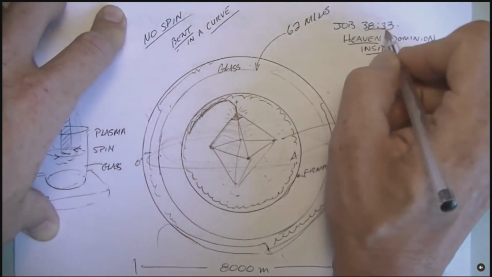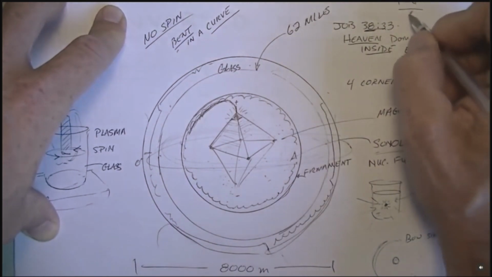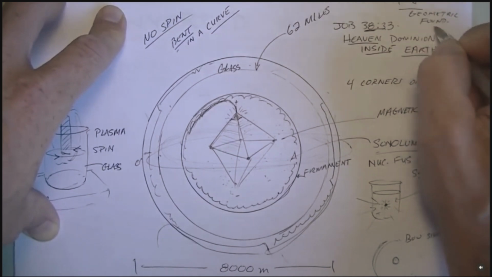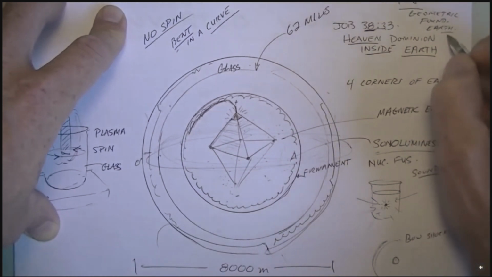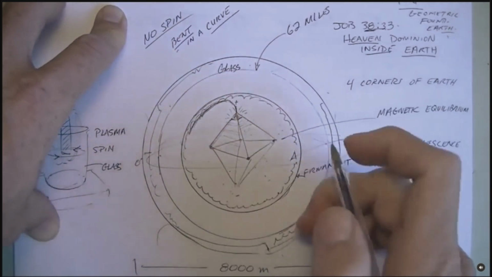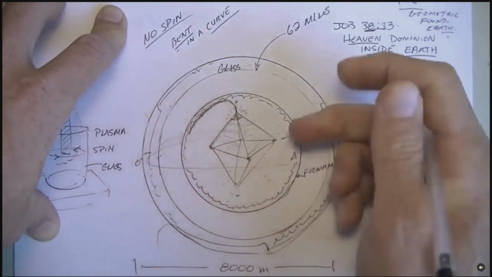Go back to Job chapter 38, verses 1 through 4. It describes the geometric structure when describing the foundations of the earth. And it's also a pyramidal structure, because it talks about the cornerstone, and it talks about being laid with measures.